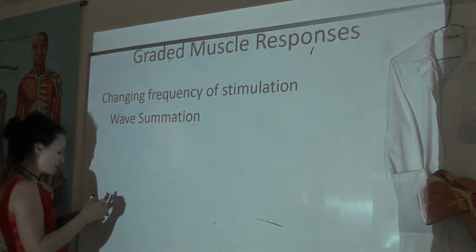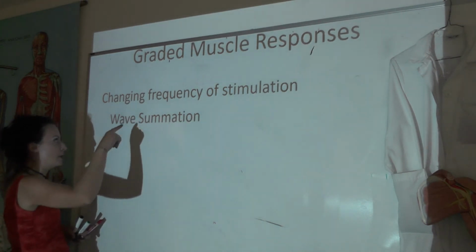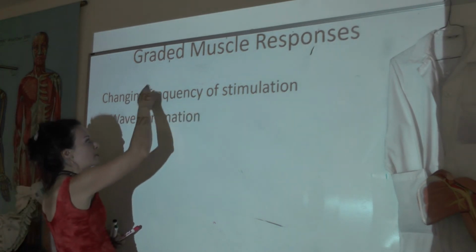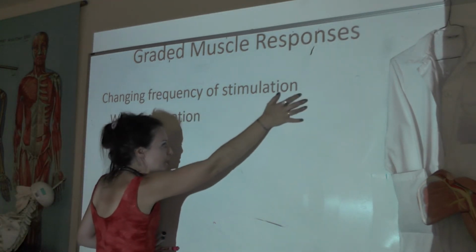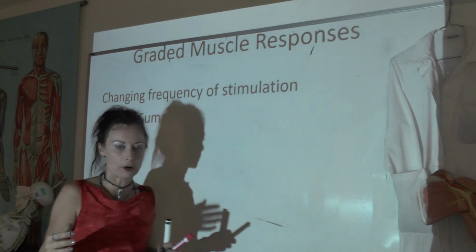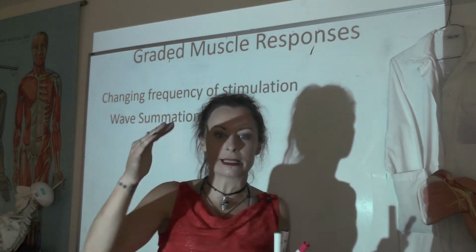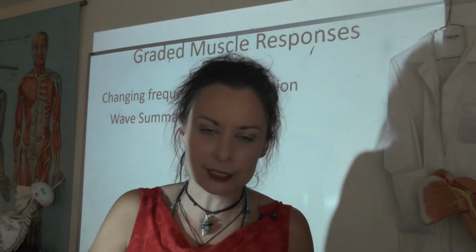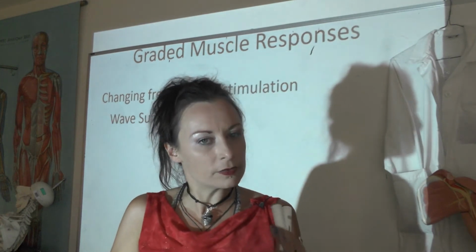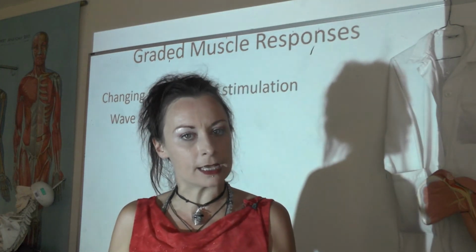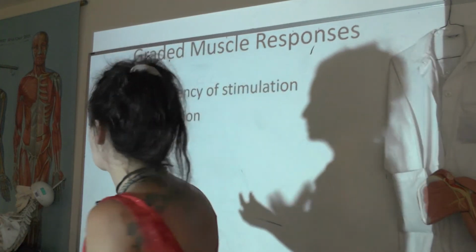So wave summation occurs when tension builds in a wave-like fashion as you increase the frequency of stimulation. The reason it's occurring is because you're decreasing the period of relaxation so that not all of your calcium is being returned to the SR. Maybe it'll make sense when we look at a figure in a minute.